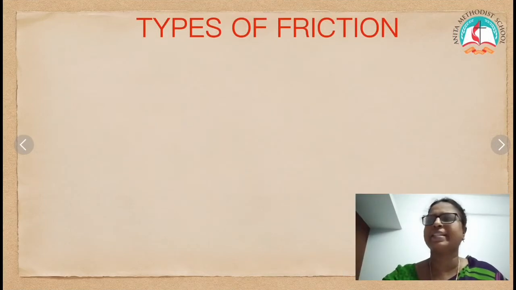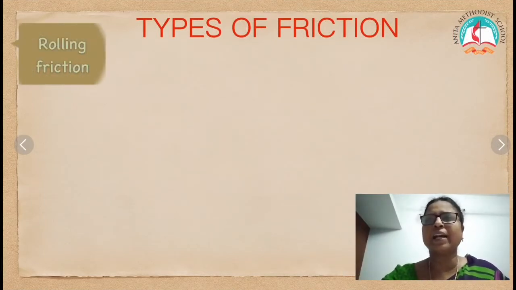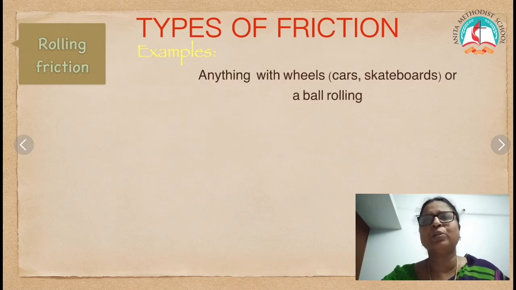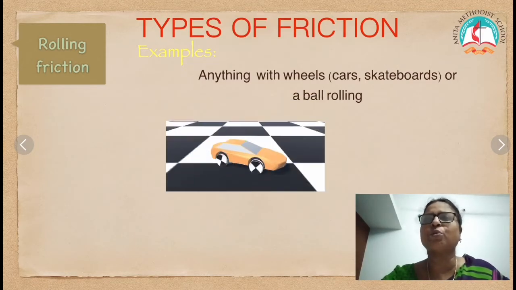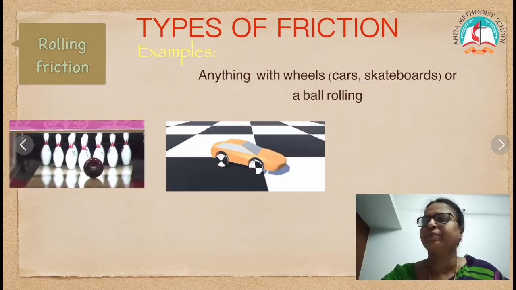Next, we are going to see examples of rolling friction. Anything with wheels or a ball rolling is an example of rolling friction. Now you can see some images of rolling friction.